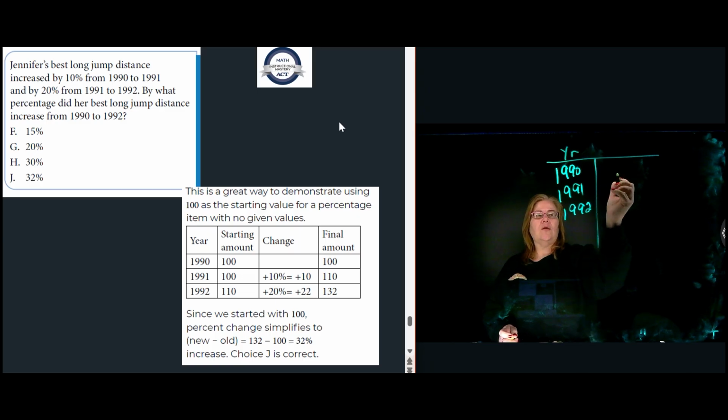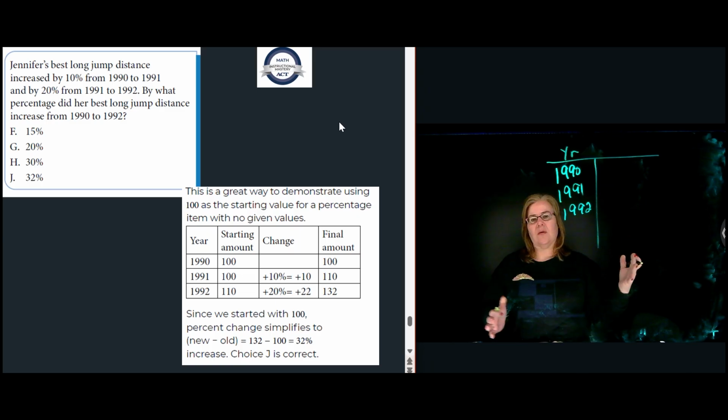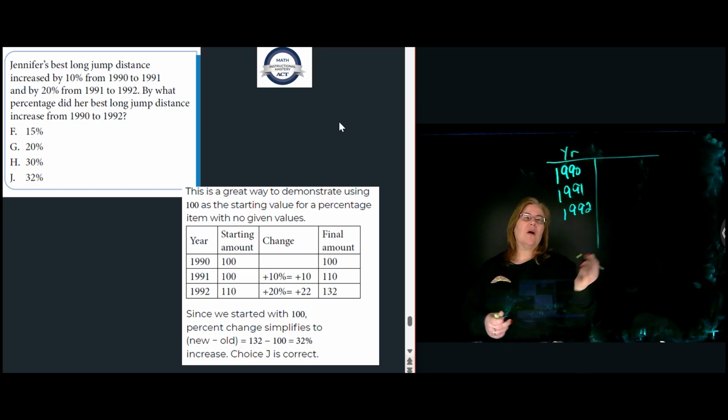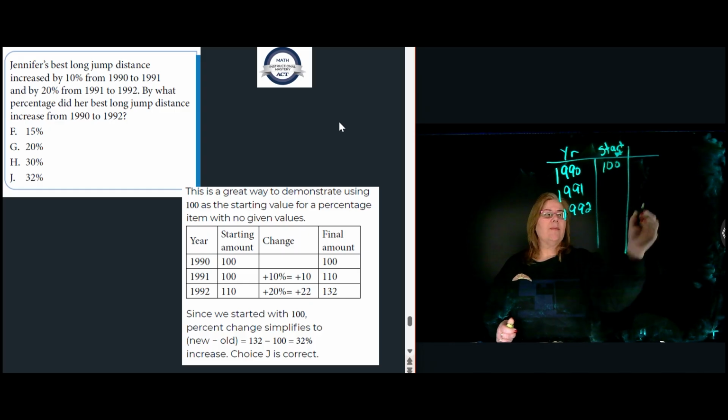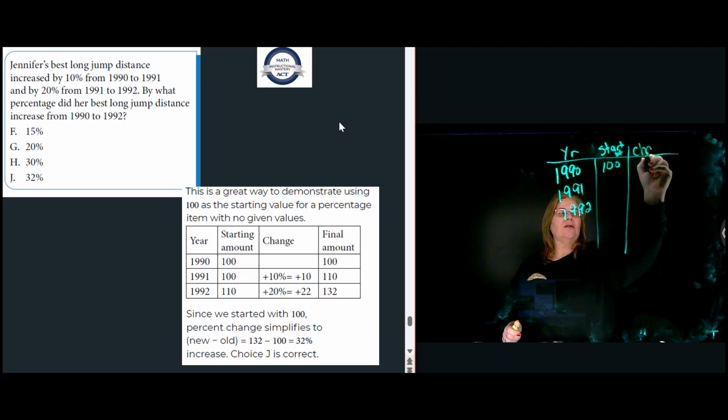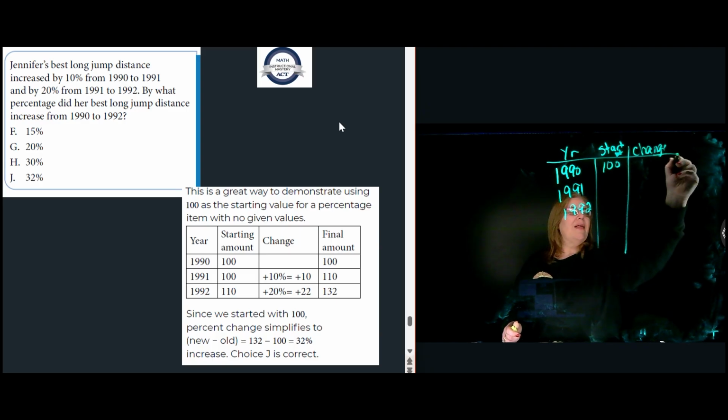Then I'm going to use how much we started with. And an easy number for me to work with is 100. So I'm going to put starting amount. And 100 is so easy for me to use, all right? So the next one I'm going to use is how much did we change? And the last I want to know is my final amount.